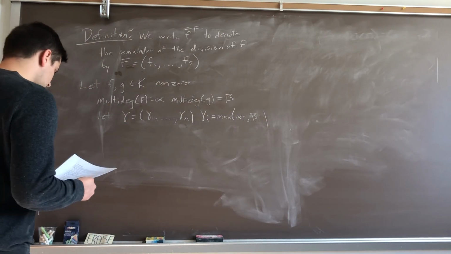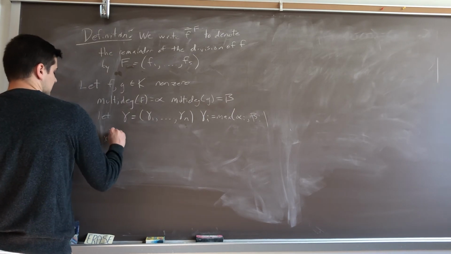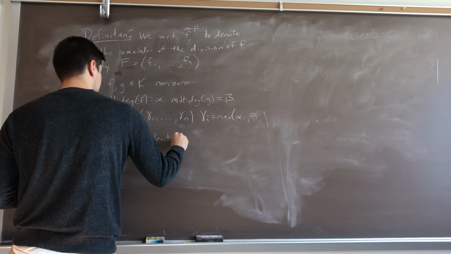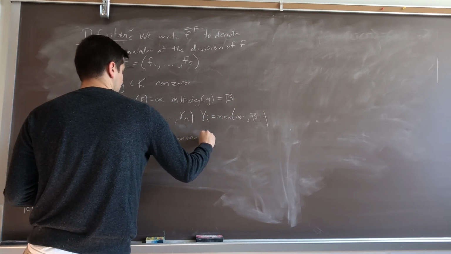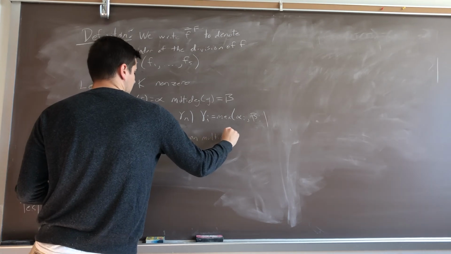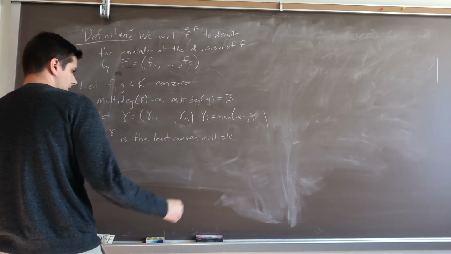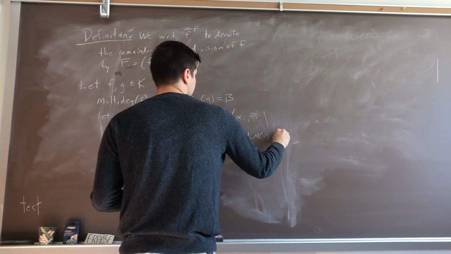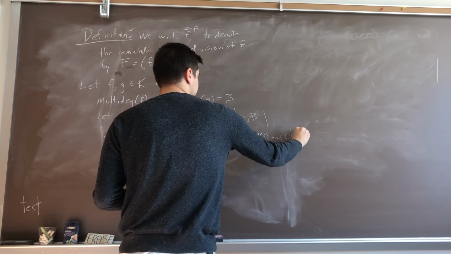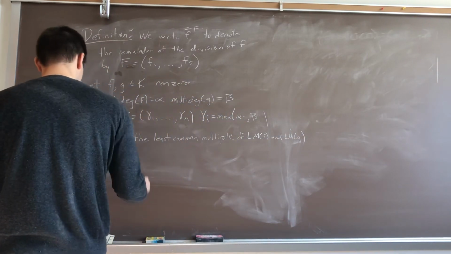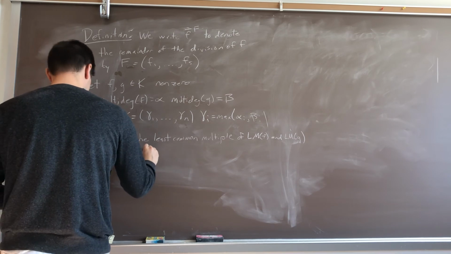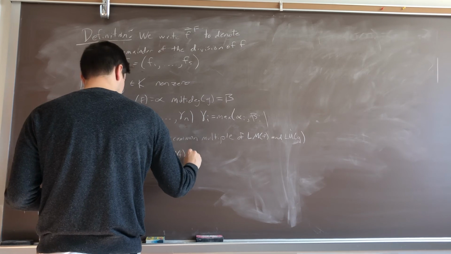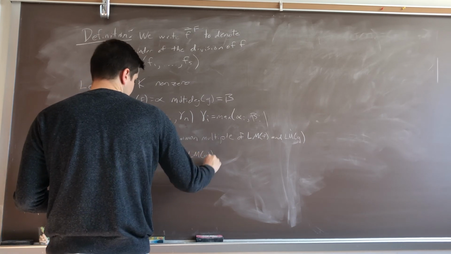Okay. Then we define x to the gamma as the least common multiple of the leading monomial of F and the leading monomial of G. Also written as x to the gamma equals LCM of LM of F and LM of G, which is leading monomial.